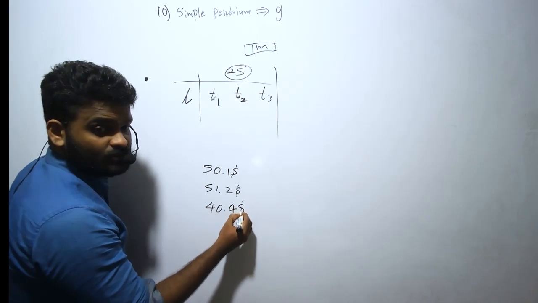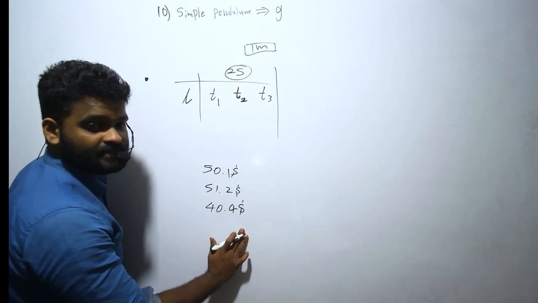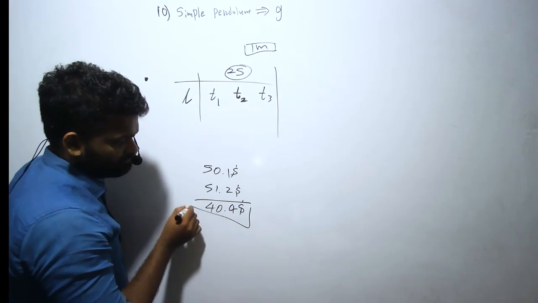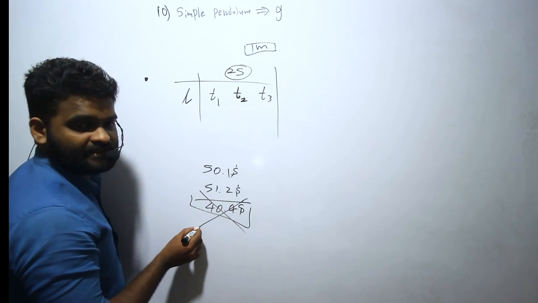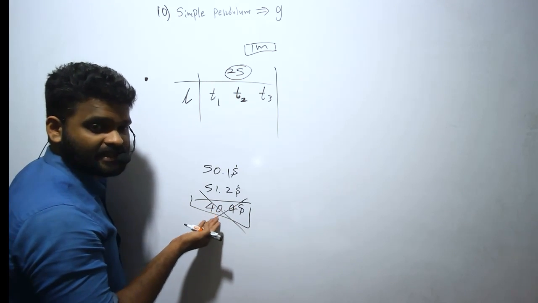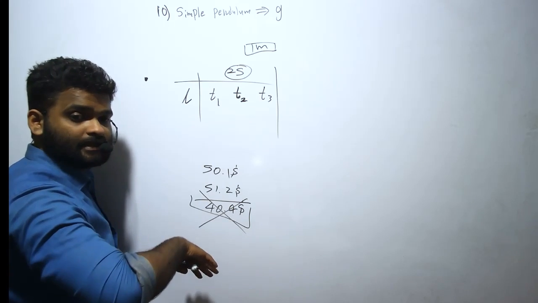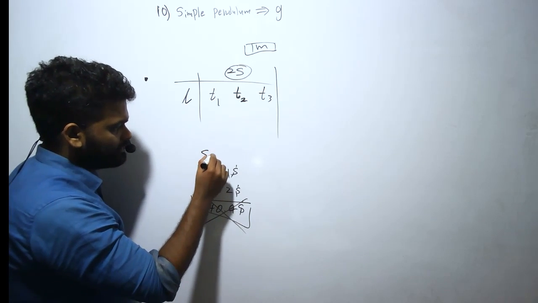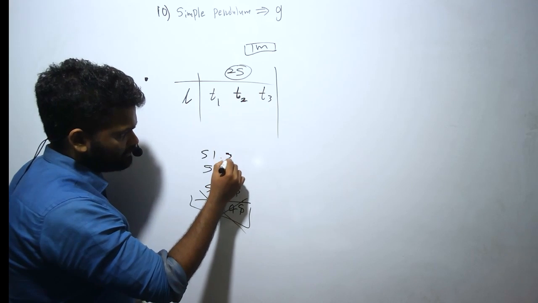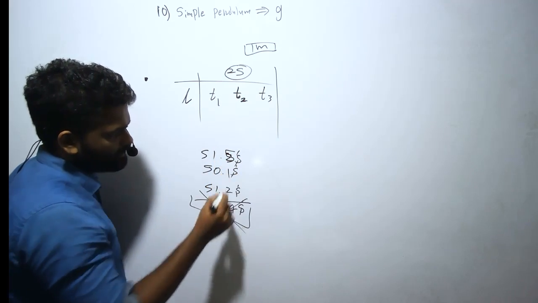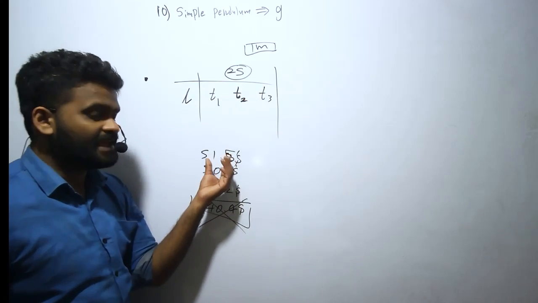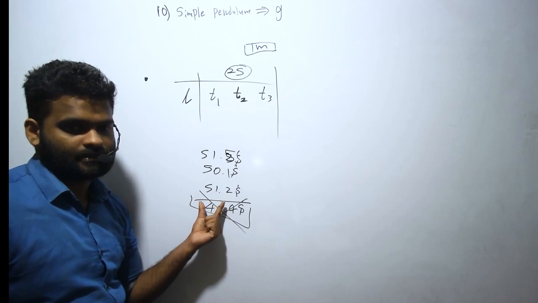If you get a value that largely differs, you can neglect that because there is a large error. Then you have to do the experiment again until you get a closer value. So these three values should be close to each other.